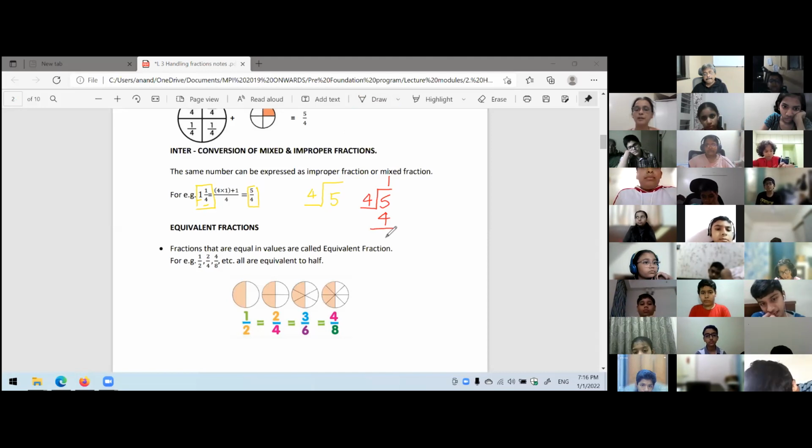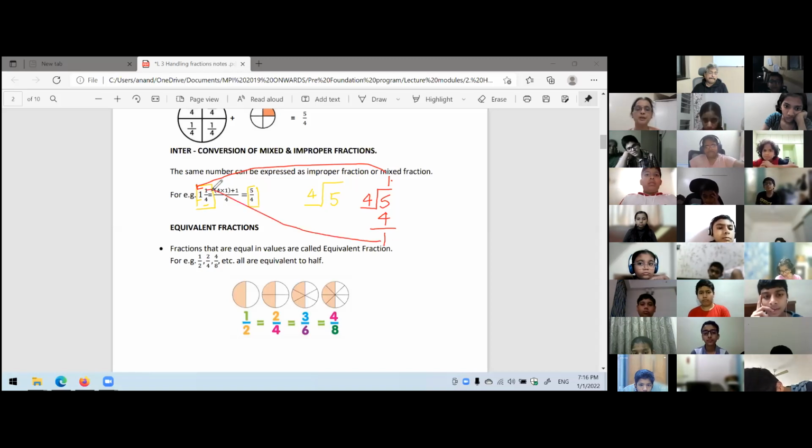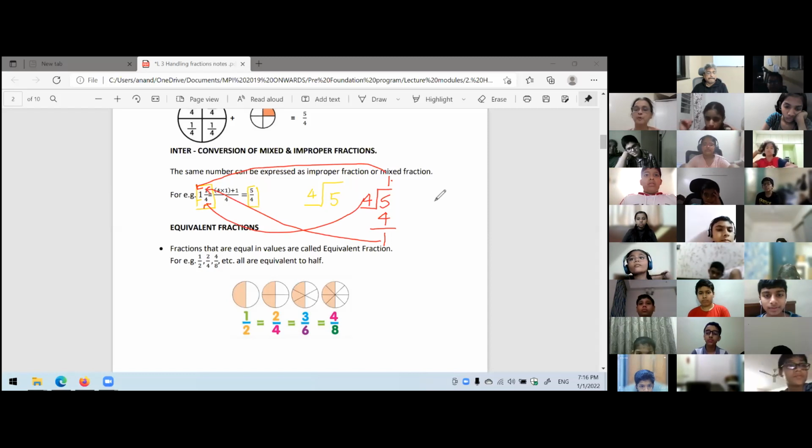Remainder is 1. This quotient becomes the whole number part of it. The remainder becomes the numerator, and the divisor becomes the denominator. So 5 upon 4 becomes 1 integer 1 upon 4.